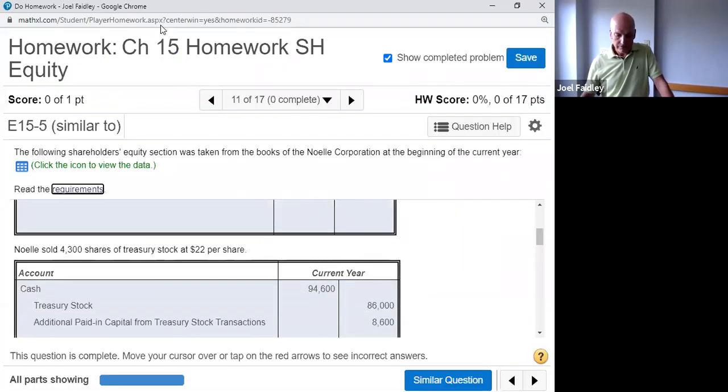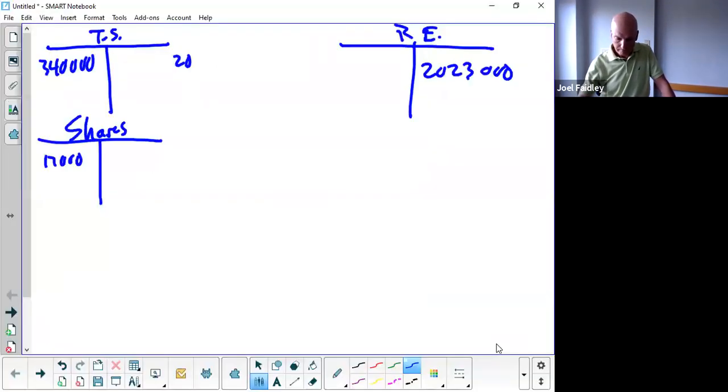Sold 4,300 shares of this at $22 per share. So 4,300 times 22 gives me the cash received, 94,600.